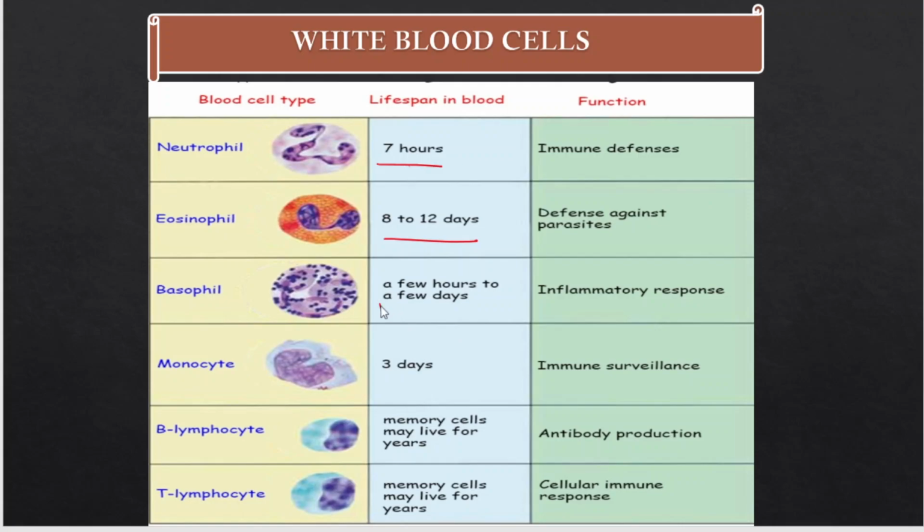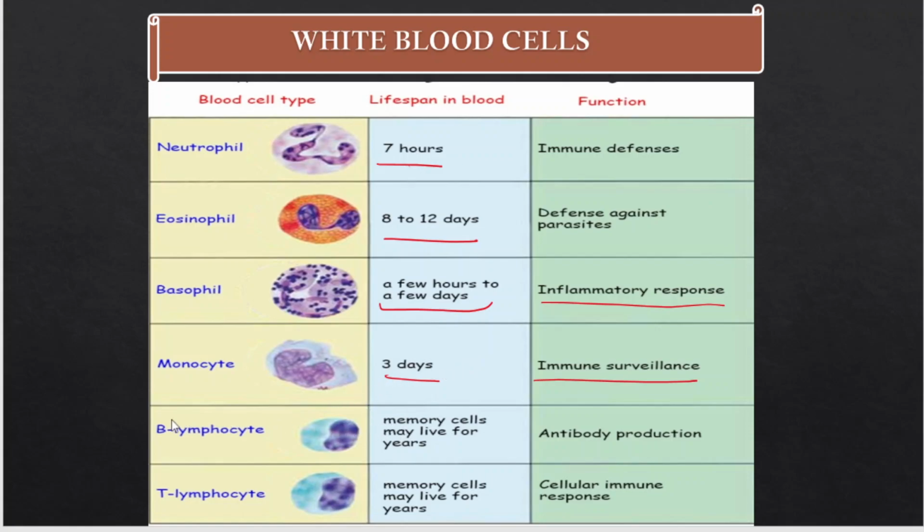Basophils are mainly responsible for the inflammatory response, so they have a very short lifespan, from a few hours to a few days only. Monocyte has a 3 days lifespan and it is responsible for immune surveillance. It always checks for foreign matter in our blood.